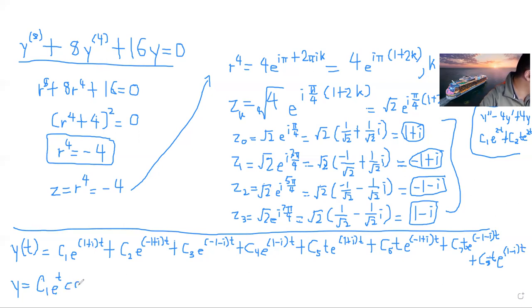Yep, cos t, plus C2 e to the power of t sine t, plus C3 t e^t cos t, plus C4 t e^t sine t.